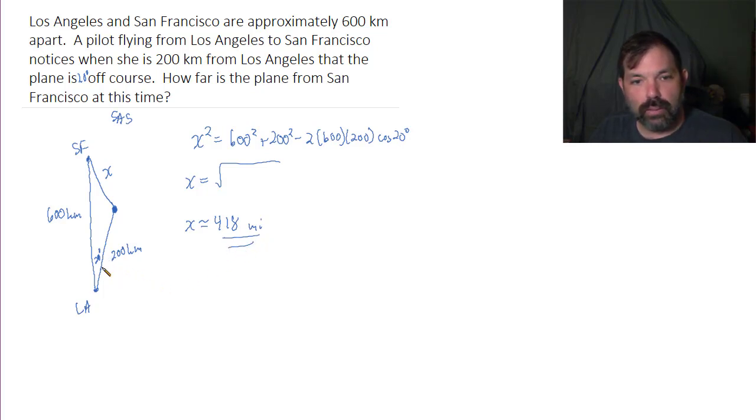So in that situation, if we were 20 degrees off course and we've already flown 200 kilometers, this remaining distance is 418, not miles, we were in kilometers. Alright, so that concludes this section on oblique triangles and the law of sines and the law of cosines.